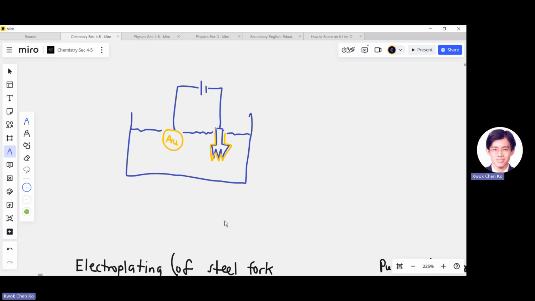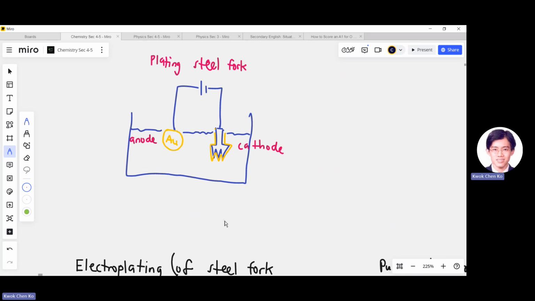As long as your gold is at the anode, the fork is at the cathode. Oh, but reminder, your fork must still be a conductor.